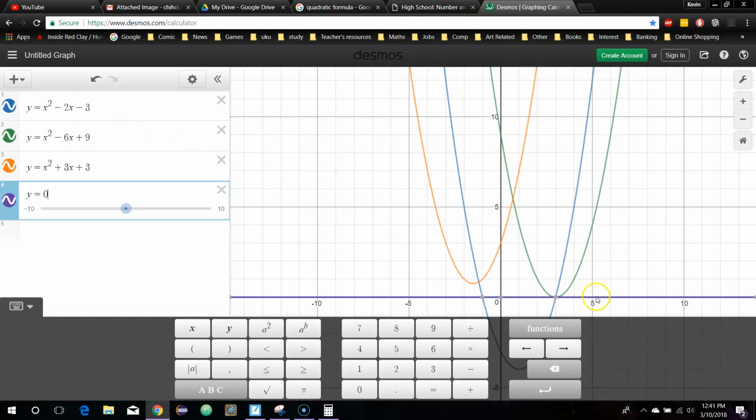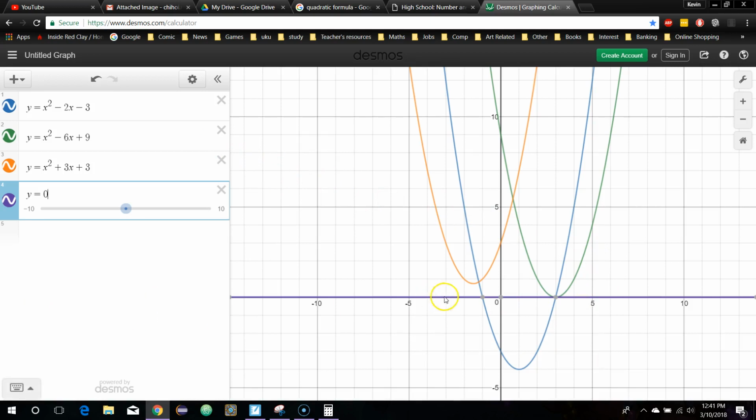Basically what we are saying graphically is, I'm going to draw a line that is a quadratic equation. I'm going to draw the y is equal to 0. I want to see where my equation is going to intersect with my y is equal to 0.